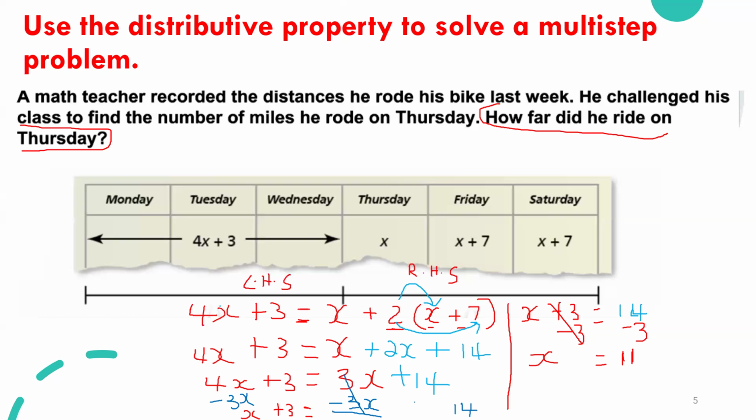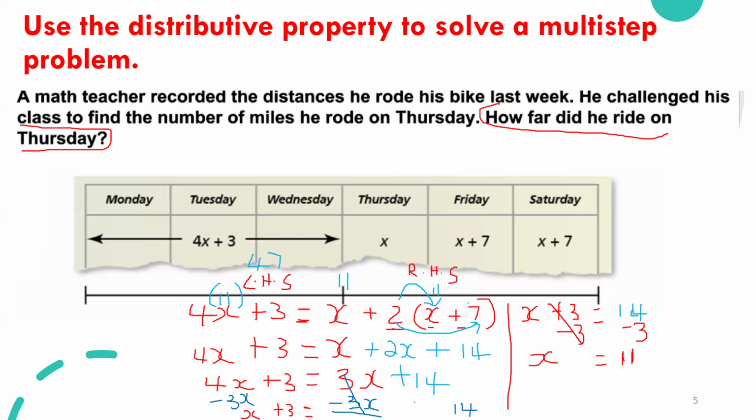So here, 4x means 4 times x, which is 4 times 11. 4 times 11 is 44, plus 3 is 47. So on the left-hand side of the equal sign, we have 47. Let us check the right now. So here we have x, which is 11. Inside the parentheses, we have another x, which is also 11.